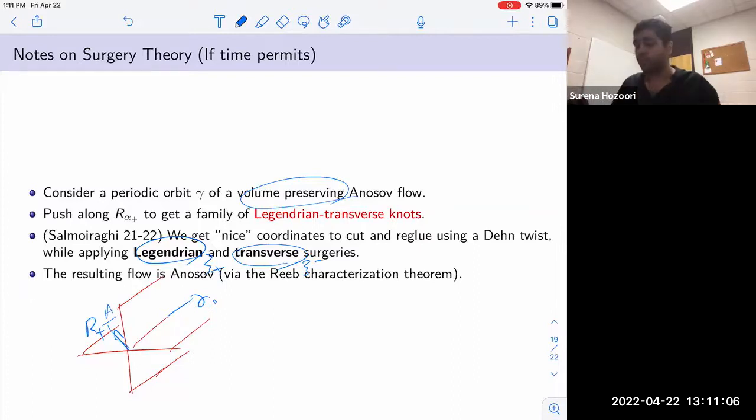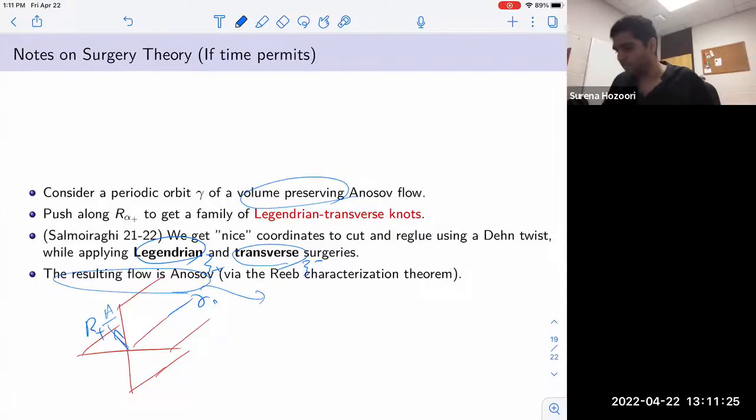Federico shows that the resulting flow is Anosov, and he uses this characterization in terms of Reeb flows, because even after the surgery, we can guarantee that this Reeb vector field is going to stay in the other contact structure.